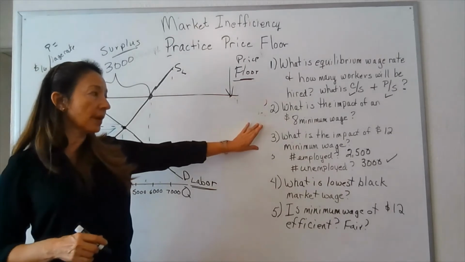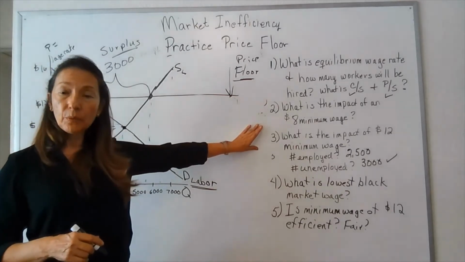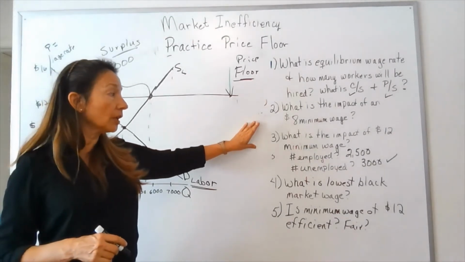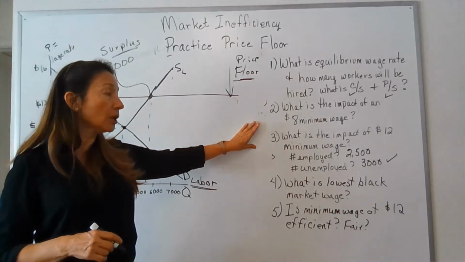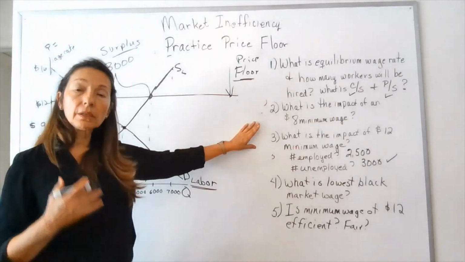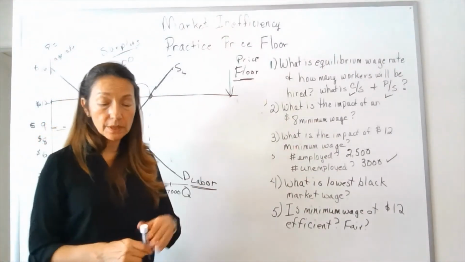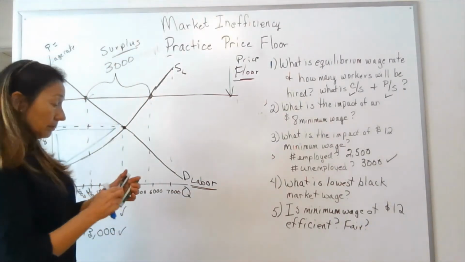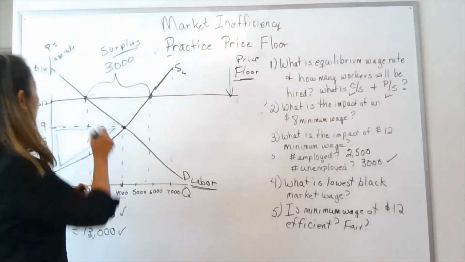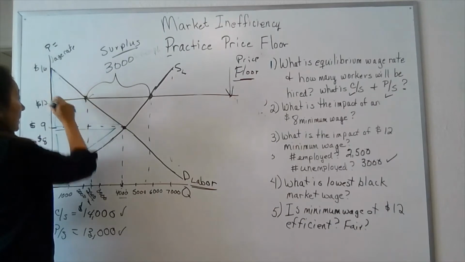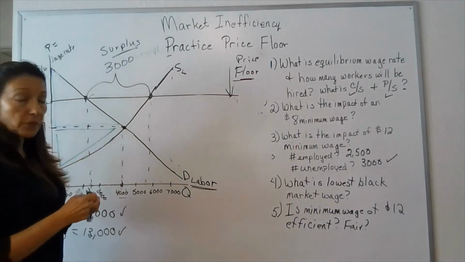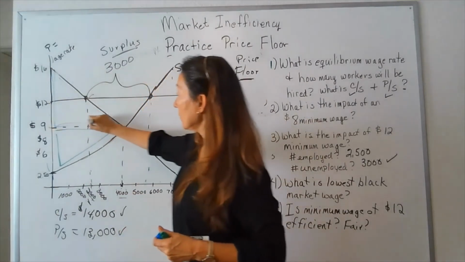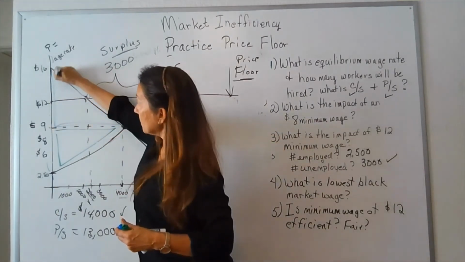So we see the impact of a $12 minimum wage creating unemployment in the market. The $12 minimum wage also creates a reduction in consumer surplus and in producer surplus because at this price, consumer surplus has now been reduced from this giant triangle right here to this smaller triangle.